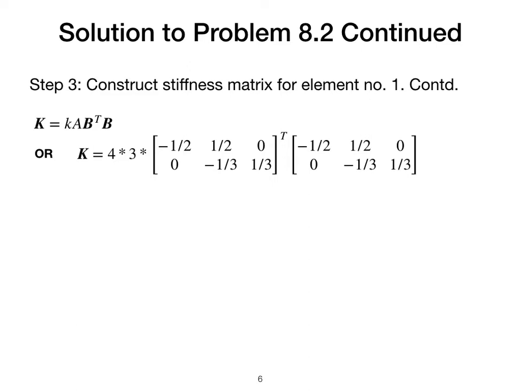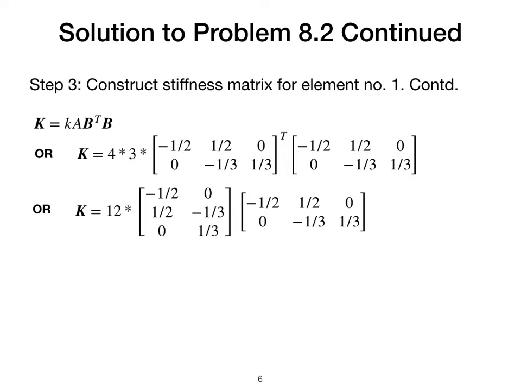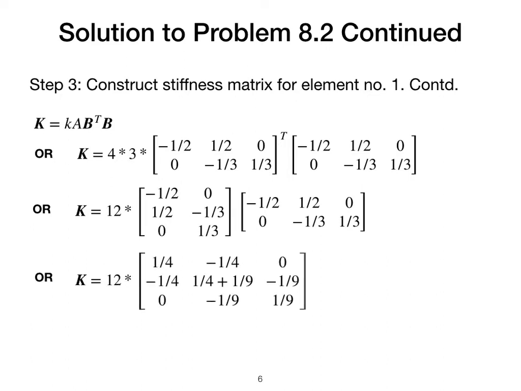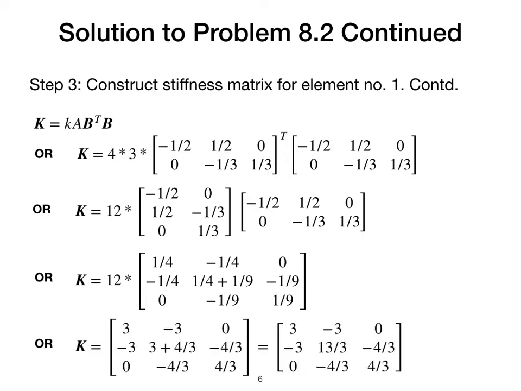As we know, big K equal to a small k times A, B transpose B. We put those values here and we finally get the value of a stiffness matrix K equal to a matrix containing 3, minus 3, 0, minus 3, 13 over 3, minus 4 over 3, 0, minus 4 over 3, 4 over 3.